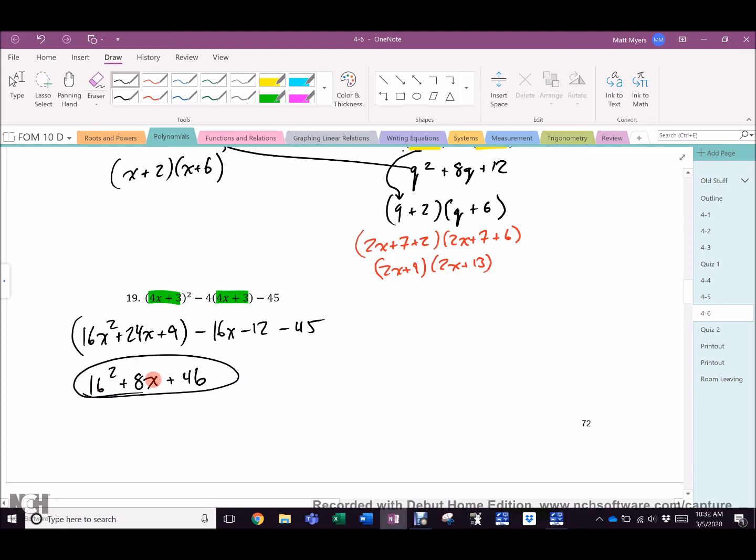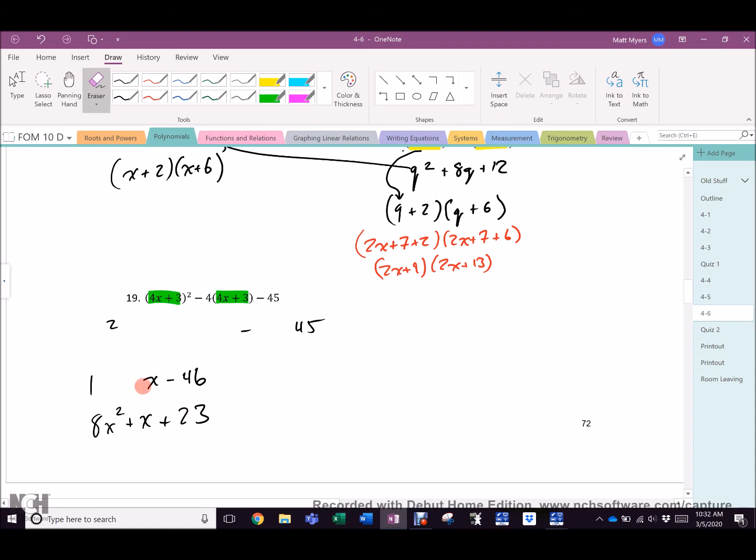Do you want to factor that? Like, honestly, do you want to do 16 times, well, wait, we could fix it up. 8x squared plus x plus 23. Do you want to do 8 times 23 and then do the math? I don't. So I will choose to substitute.